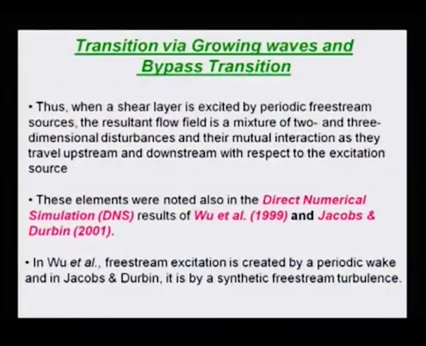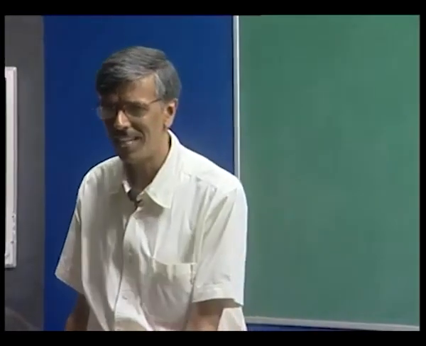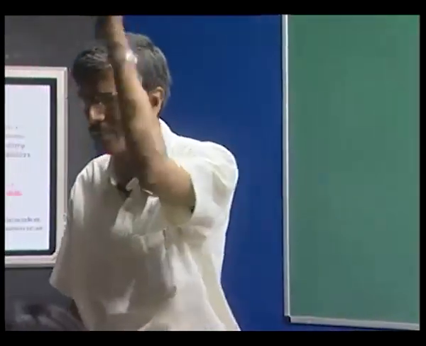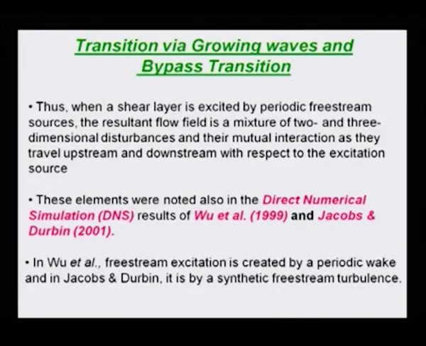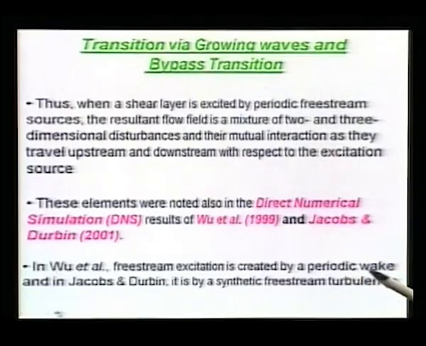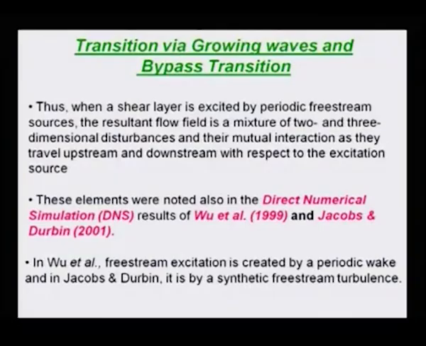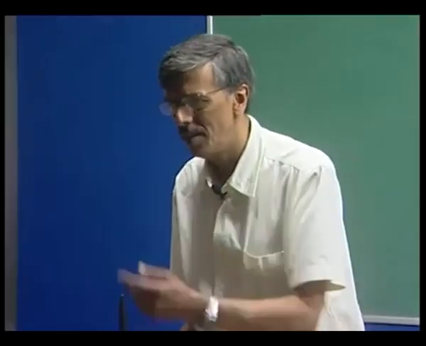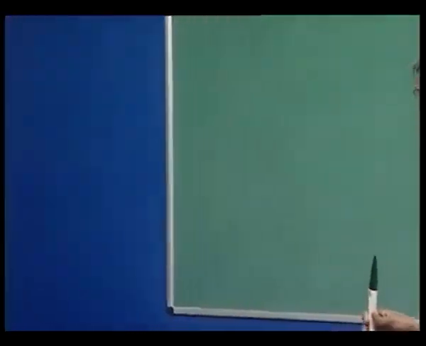I mean, you can't ever excite a flow like this, where the excitation goes all the way up to infinity and it just zigzags like this. In contrast, this earlier work by Wu et al., this periodic wake, was much more realistic. That kind of depicts what happens in an actual turbo machine.